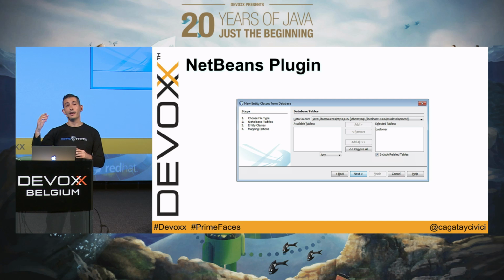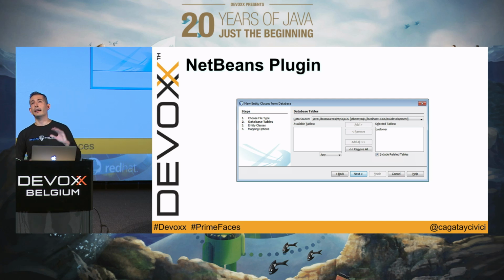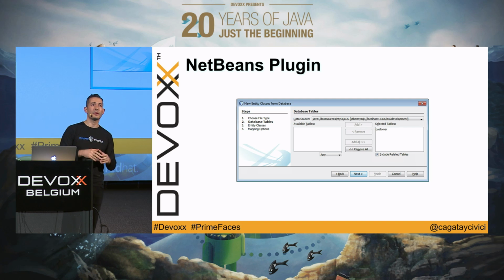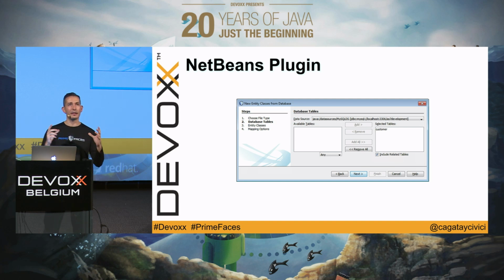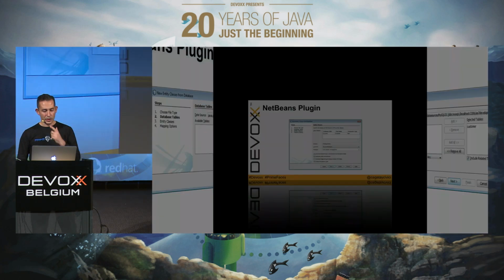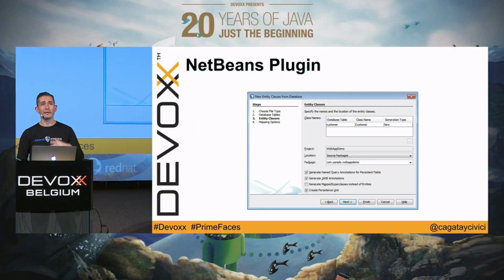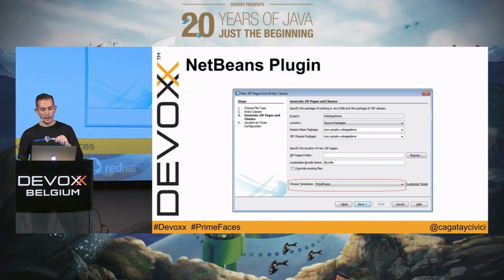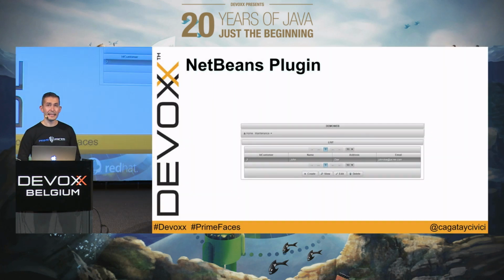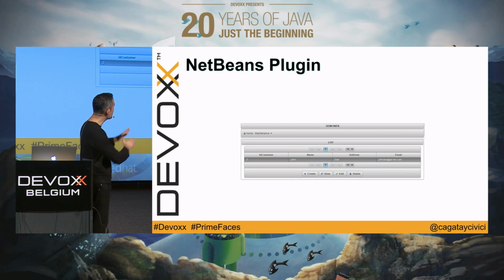For example, from tables, you can generate UI with all the EJBs, the backing beans, CDI beans, and also the XHTML, where there's a Velocity template so that you can customize the generated part. This one is choosing reverse engineering, where NetBeans reads the tables and creates the UI pages for you. And the nice thing about this is that it is customizable, so you can customize what will be generated.